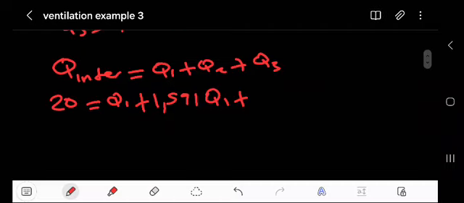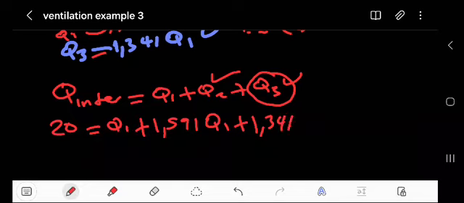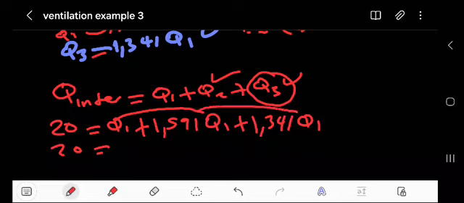Plus now, what is Q3? This you have substituted. Here is Q3, which is 1.341 Q1. So ladies and gents, these are like terms you can add.